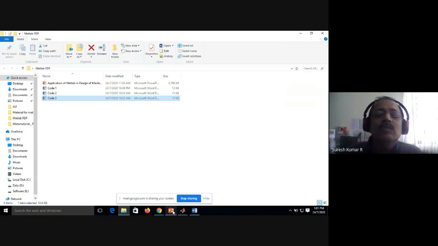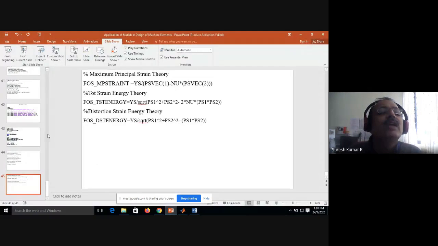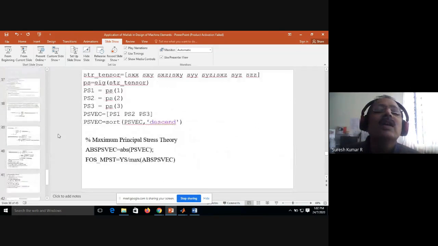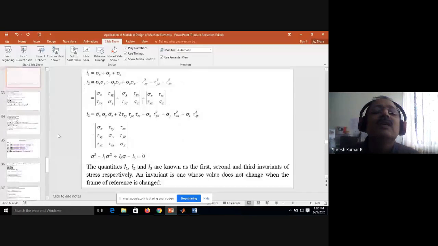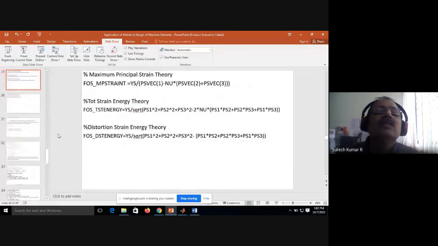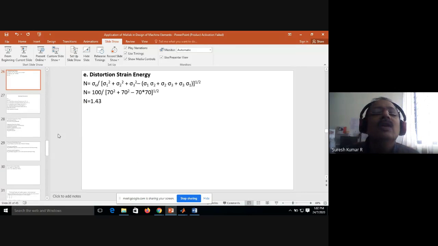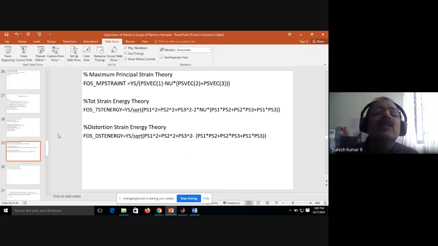With that, we have successfully applied the MATLAB code for theories of failure given different loading conditions. In the first case, we had only 3 values, sigma 1, sigma 2, sigma 3, given the material properties in the form of sigma E and Poisson's ratio. We could get the factor of safety according to various theories of failure.